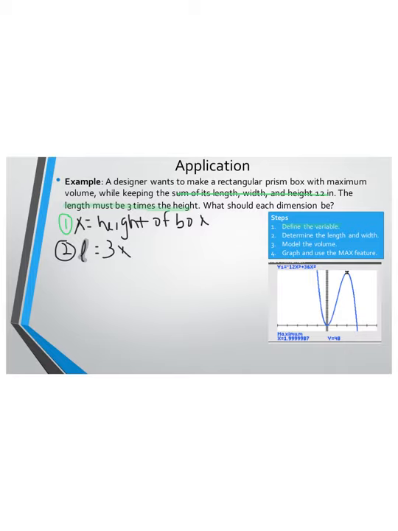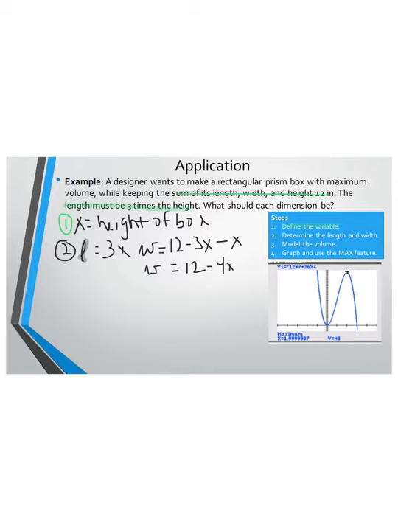If x is the height and we know the sum of the 3, then our width is equal to 12 minus 3x, which is our length, minus the height of our box, which is x, or the width is equal to 12 minus 4x.